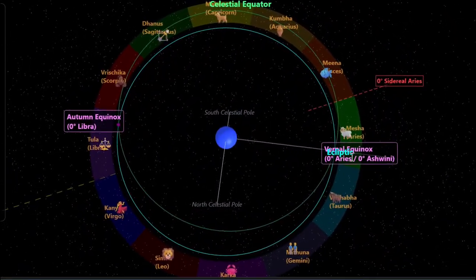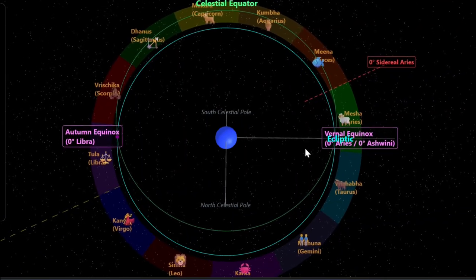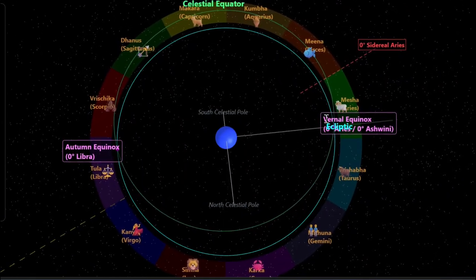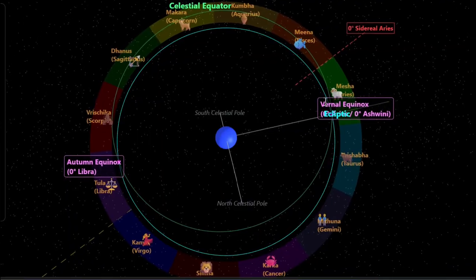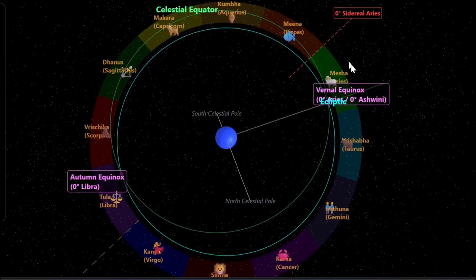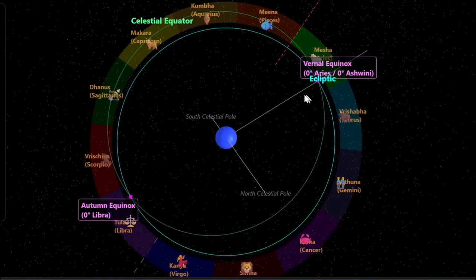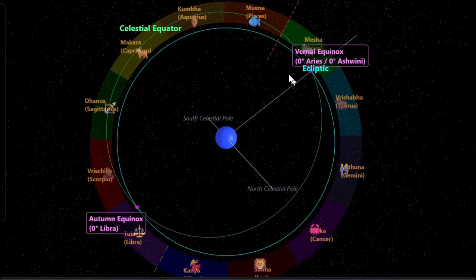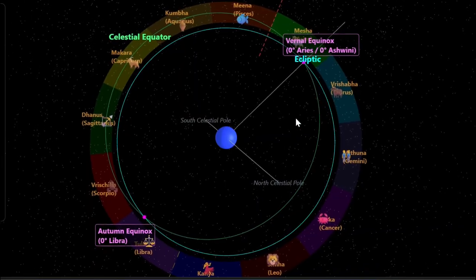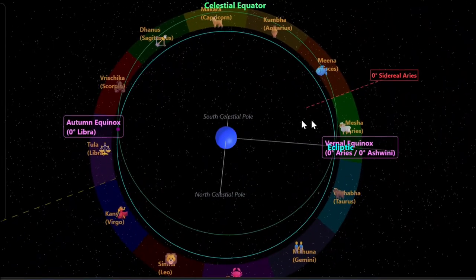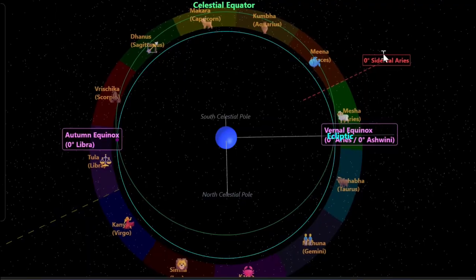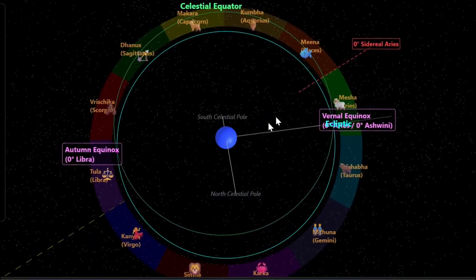Now this is equinox. Okay, now can you see Mesha here, Mesh Rashi? Can you see Mesh Rashi just around the equinox? Yes, sir. See, 0 degree Mesh is starting somewhere on the sidereal axis.